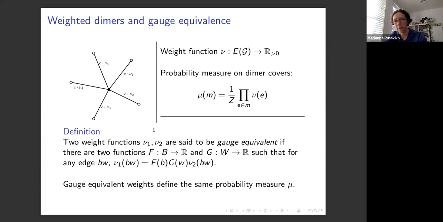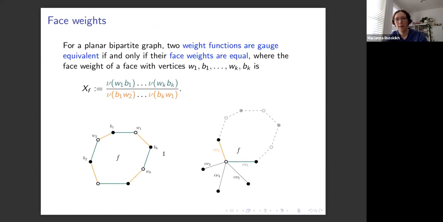Recall that we deal with bipartite graphs. So it is gauge equivalent if there are two functions, one defined on black vertices, another one defined on white vertices, and the weight of the first weight function is the product of functions f, g, and the second one. And yet again, gauge equivalent weights define the same probability measure. Another way to describe a class of these gauge equivalent weights is to look at the face weights instead.